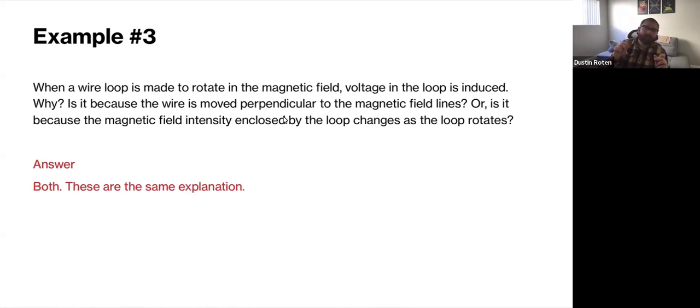Or is it because the magnetic field intensity enclosed by the loop changes as the loop rotates? Well, it turns out that this is essentially the same explanation. If the wire is moved perpendicular to the magnetic field lines, that pretty much causes the intensity enclosed to change and vice versa.